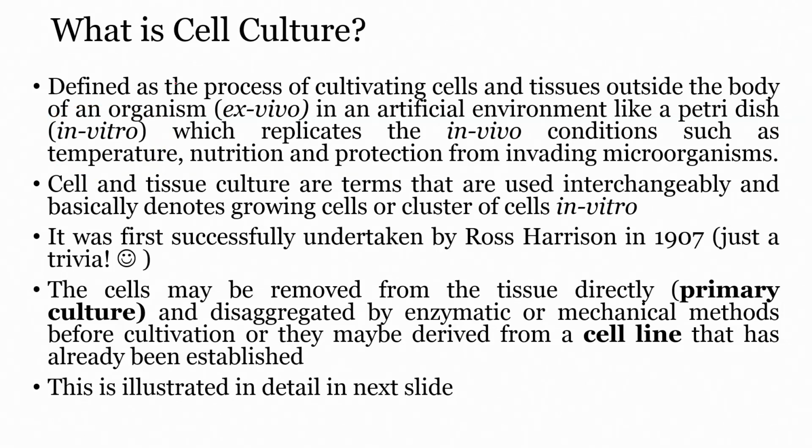So, what is cell culture? It is defined as a process of cultivating cells and tissues outside the body of an organism, that is ex vivo, in an artificial environment like a petri dish, which is in vitro, which replicates the in vivo conditions such as temperature, nutrition, and protection from invading microorganisms.